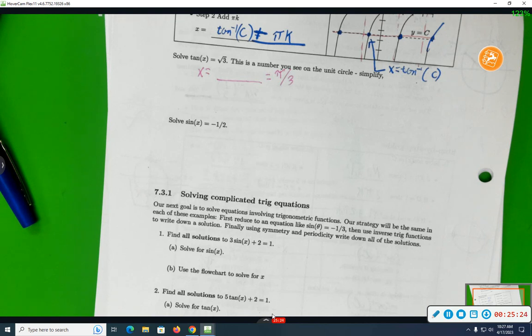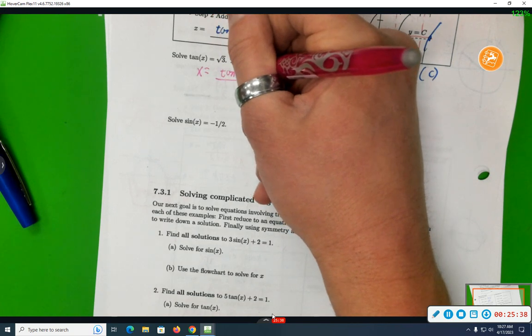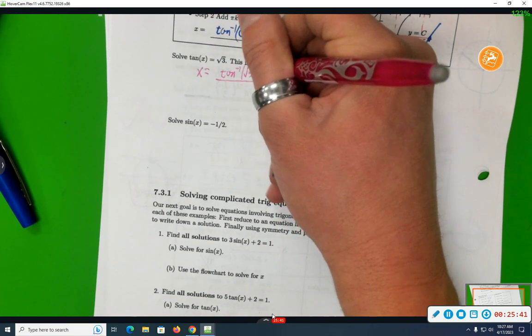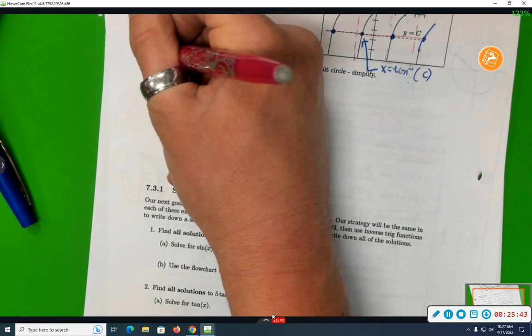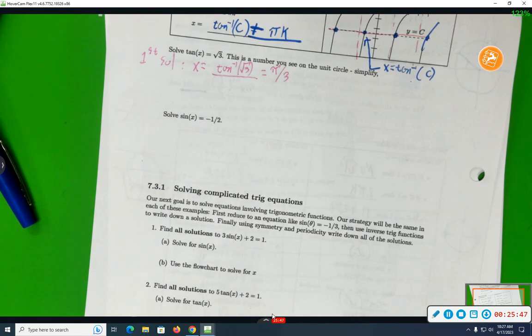Did anyone write down something slightly different? How many people just wrote down an inverse tangent of root 3? Cool, they're the same. So here's the first solution. Just pi over 3 or the inverse tangent of root 3, whichever one you prefer to write down.